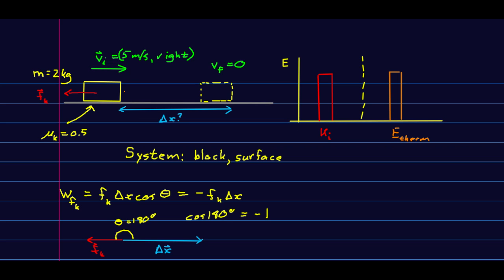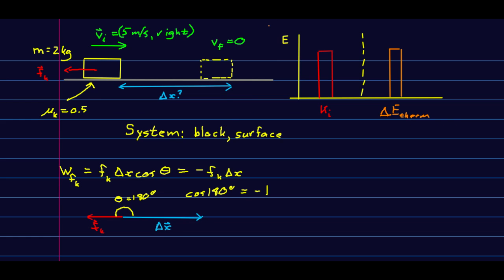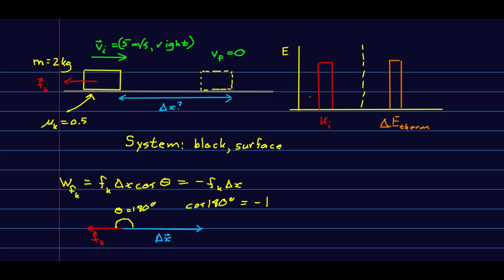The system actually has a whole lot of thermal energy at the start. It has more thermal energy at the end, but we don't care about that initial thermal energy. So really what we're looking at here is a change in thermal energy. That's a minor technicality. So there is our conservation of energy equation.